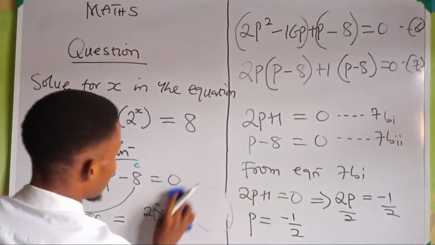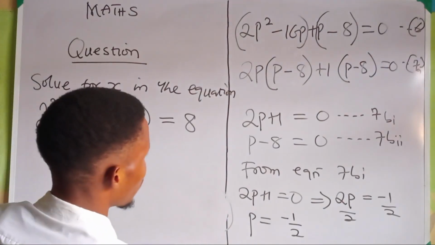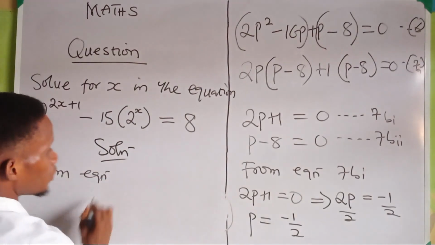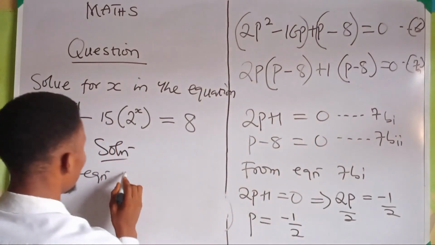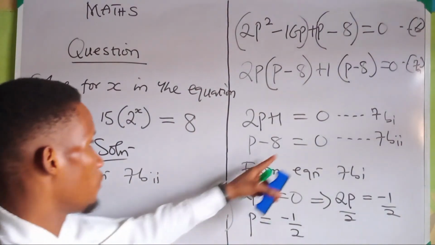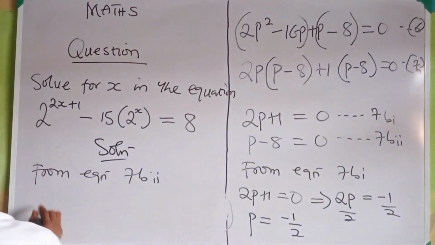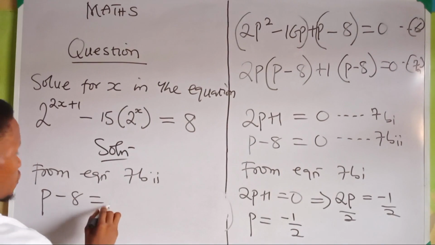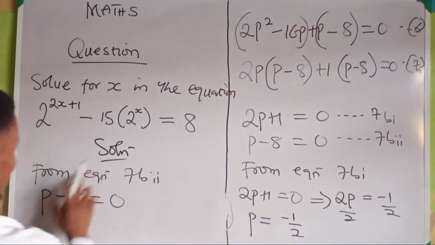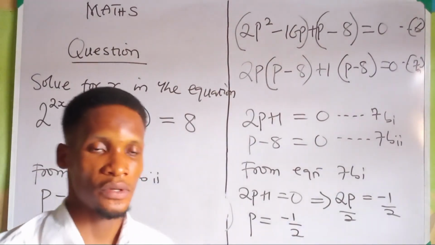The same p can also be solved from equation 7bii. That's another equation that we can use to get the value of p, which is p minus 8 is equal to 0. So from this equation, take this to the other side, because minus 8 is a constant and 0 also is a constant.